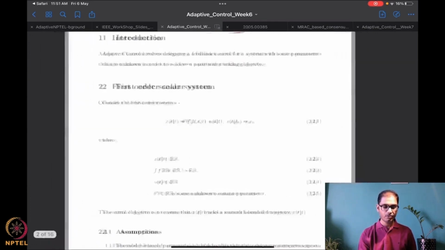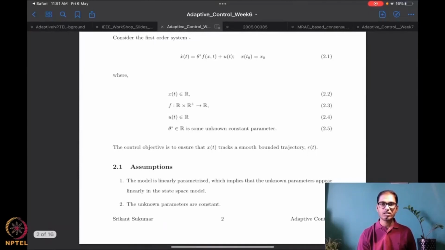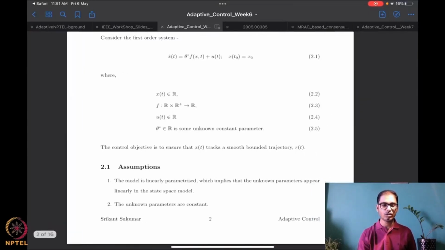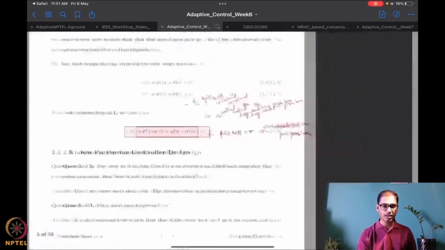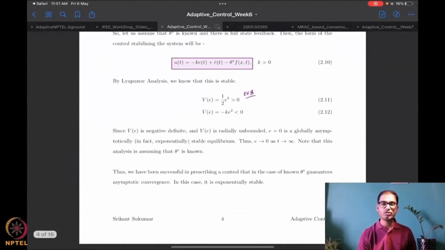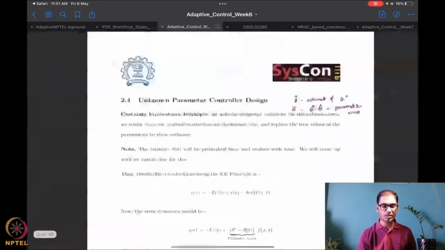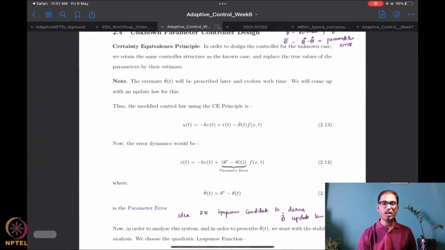All right. The way we worked through it is that we started by designing a controller for the known case, and then we used the certainty equivalence principle in order to design the unknown case adaptive controller. So the adaptive controller essentially consists of a parameter estimator which feeds into the normal control signal.